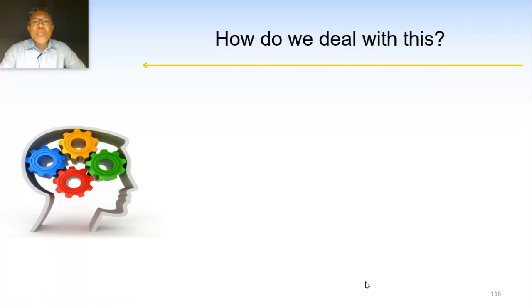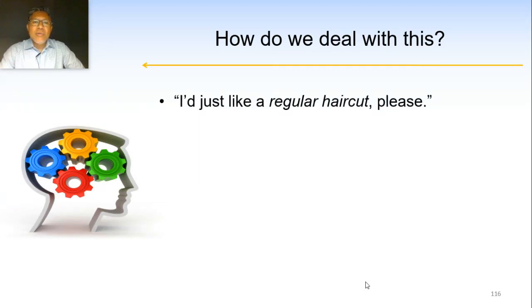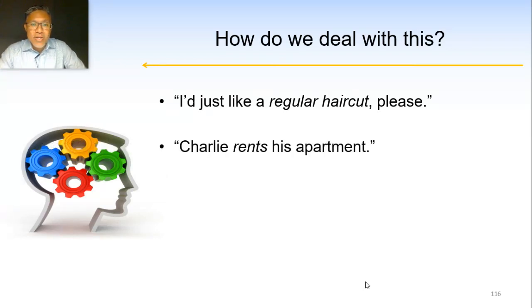So how do you deal with this? How do you deal with claims that are so ambiguous? If somebody says, "I'd just like a regular haircut, please," not enough information for a barber to know what to do with your hair unless they've cut it before. If somebody says Charlie rents his apartment, not enough information to know if Charlie is the owner and is renting out his apartment, or if Charlie is the tenant that's renting it from somebody else.